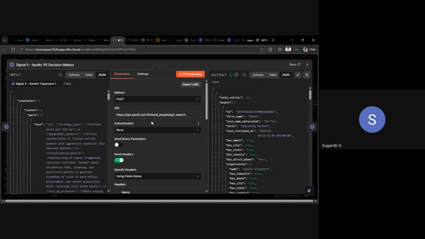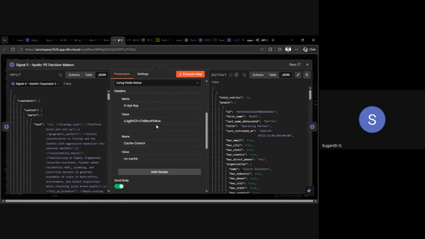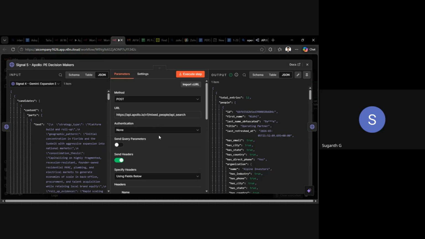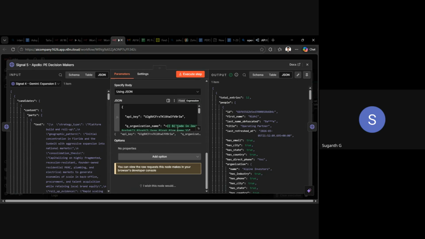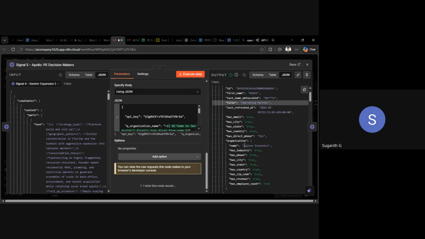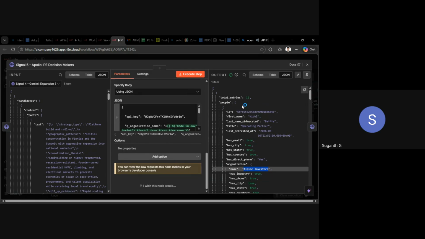So here we use our previous data and extract the decision makers in the private equity firms. So we got the data of the decision makers here, like a Nidhi, an operating partner. So this is their role, and she's working on helping investors. So here we got the data of the decision makers from the private equity firms.